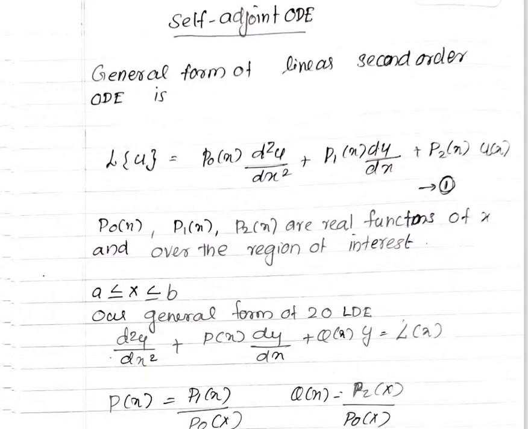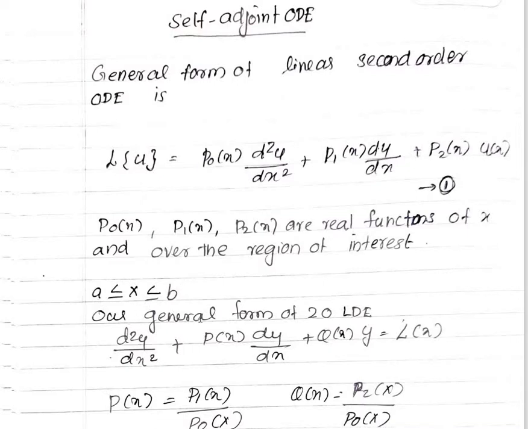We know that the general form of a linear second order differential equation is L(u) = P0(x) d²u/dx² + P1(x) du/dx + P2(x) u(x). Here P0, P1, P2 are real functions of x over the region of interest between the limits a and b.